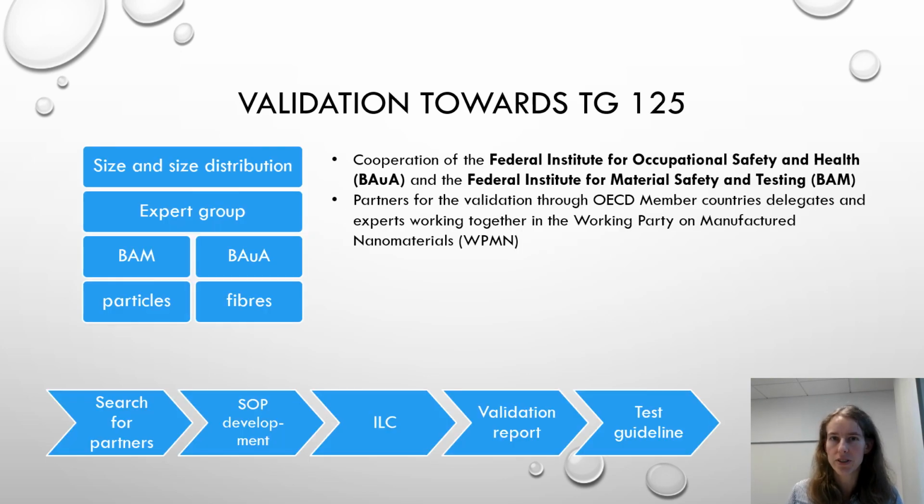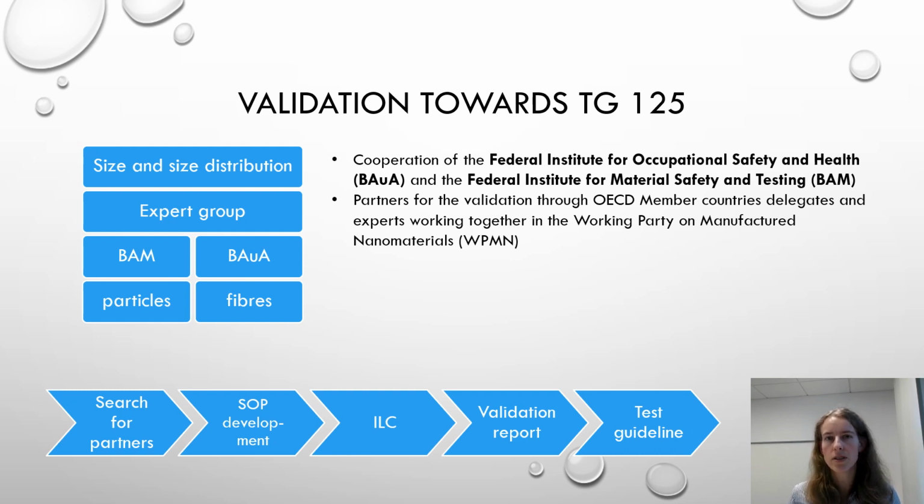The validation of the test guideline 125 was organized through a cooperation between the Federal Institute for Occupational Safety and Health, BAuA, and the Federal Institute for Material Safety and Testing, BAM. An OECD expert group was formed to support the work. The test guideline contains methods that are valid for nearly spherical nanomaterials, as well as methods that are applicable for high aspect ratio materials, for fibers.